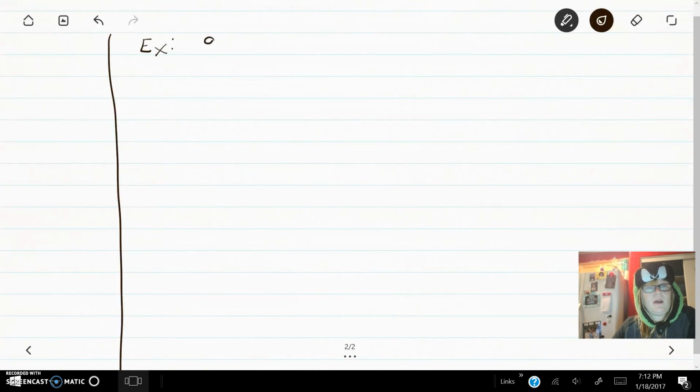Here we have 9 plus b is less than 17. Not less than or equal to, but just less than. So whatever we put in for b plus 9 has to be less than 17.